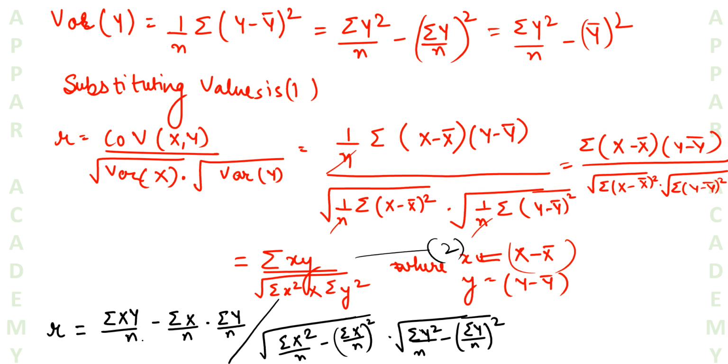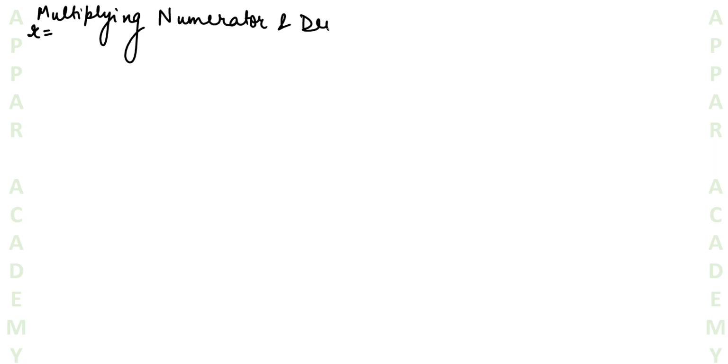So this r is equal to, from here, what if I multiply numerator as well as denominator with n square? So write it down. Multiplying numerator and denominator by n square.